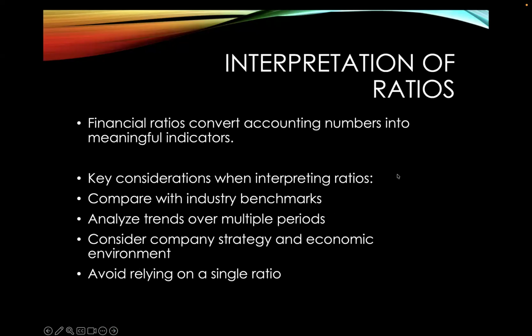Interpretation of ratios: financial ratios convert accounting numbers into meaningful indicators. That's also the same in terms of your financial statements. Say, for example, for the past three years, the company is generating revenue, generating gross sales.